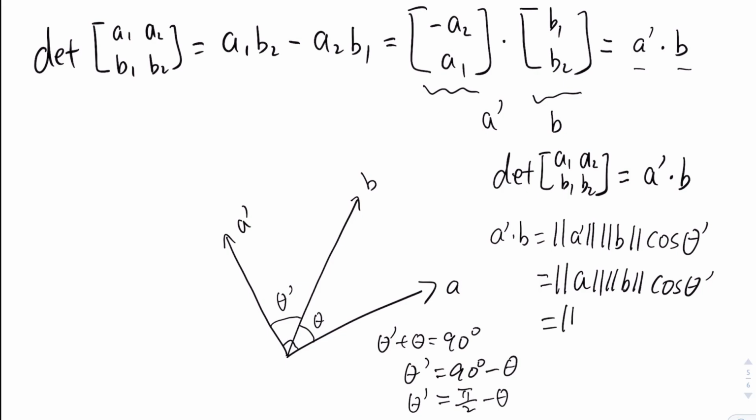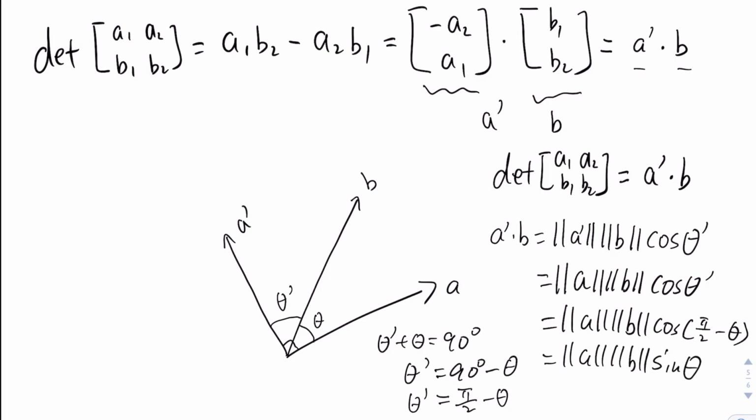So let's rewrite this as the norm of A times the norm of B times cosine of pi over 2 minus theta, which is norm of A times norm of B times sine of theta. So what does this tell you?